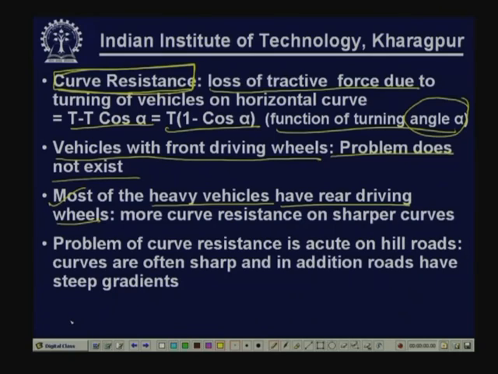Also, it is worthwhile to mention that this problem of curve resistance is acute on hill roads, because there are not only sharp horizontal curves but also steep gradients. How to consider this aspect in design? We shall come back to this topic when we talk about the vertical alignment. There is something called grade compensation, and we will discuss that topic then.